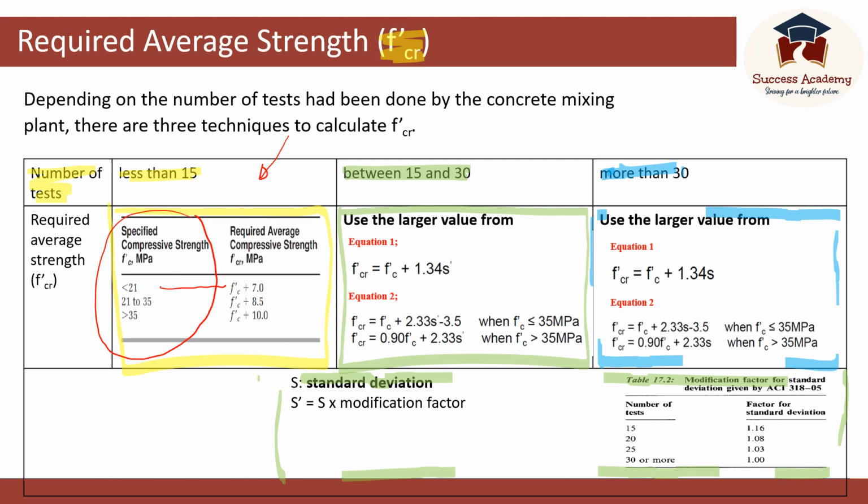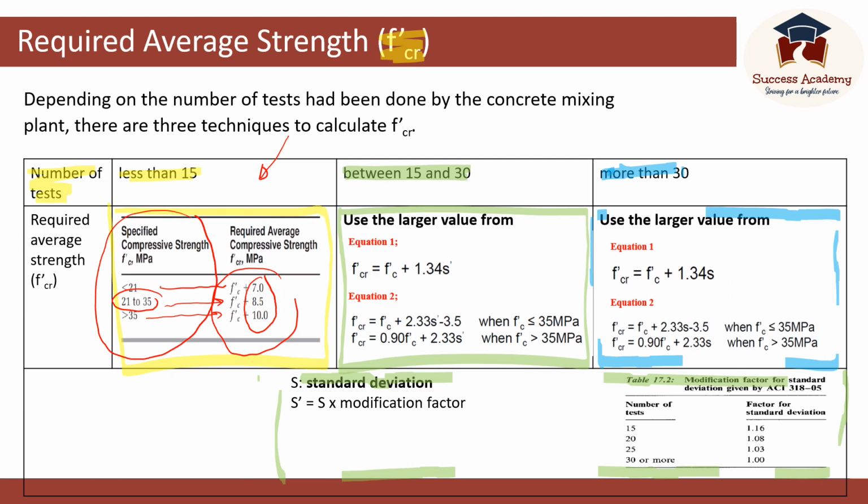When the specified compressive strength is between 21 and 35 megapascals, we are adding a little bit more, 8.5, to the specified compressive strength to find the required average strength. And when the specified compressive strength is more than 35, we need to add 10 and we can find the required average strength. So you can see here, when the specified compressive strength is higher, the number that we are adding to it is increased for the safer side.